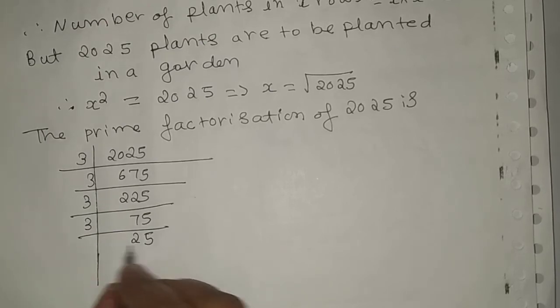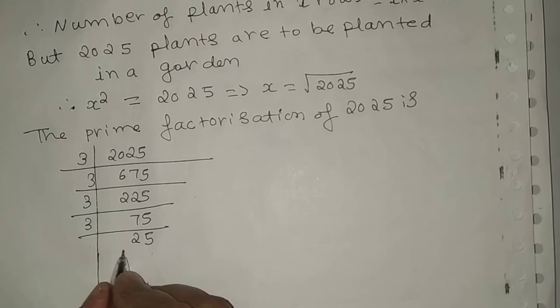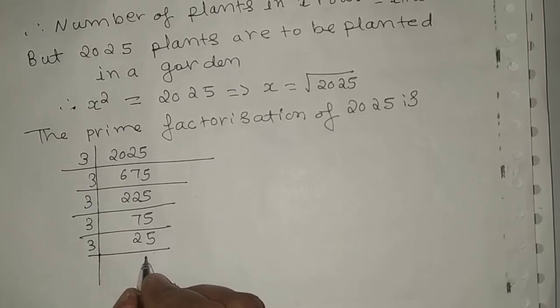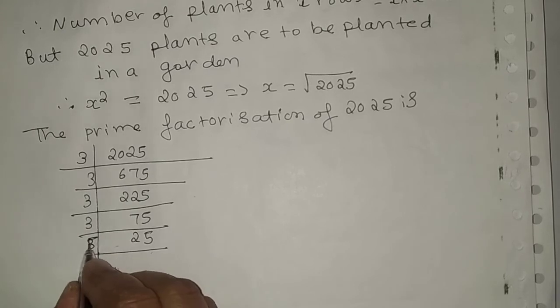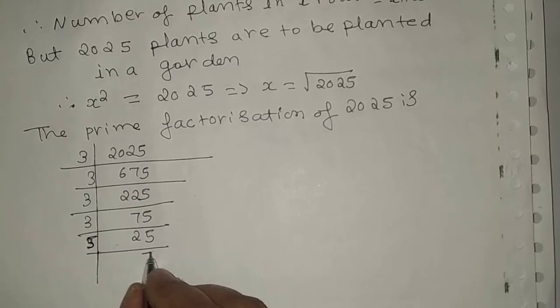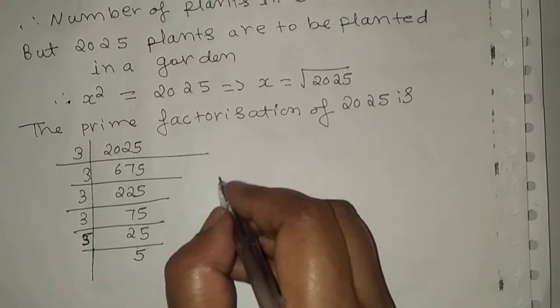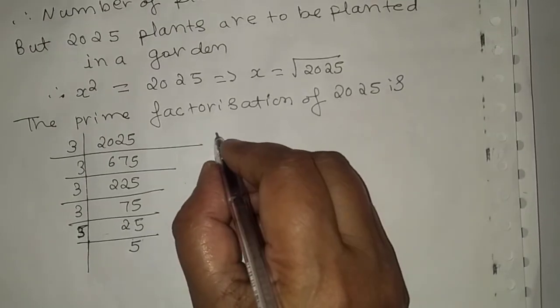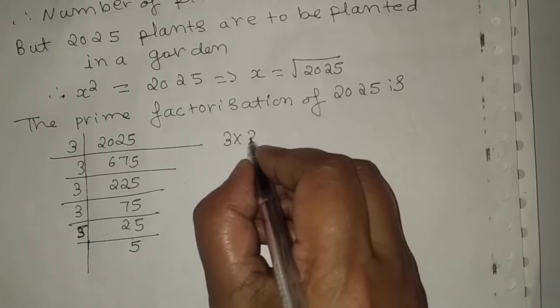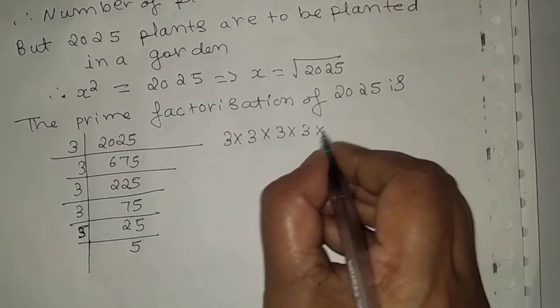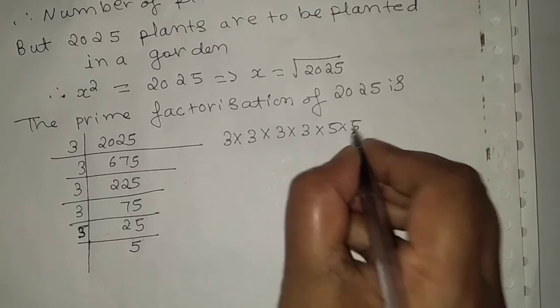So these problems I've already done, and I'm writing very fast, but you please go slow, and so this goes by 5. So now what is the solution we get? 3 into 3 into 3 into 3, and last is 5 into 5.